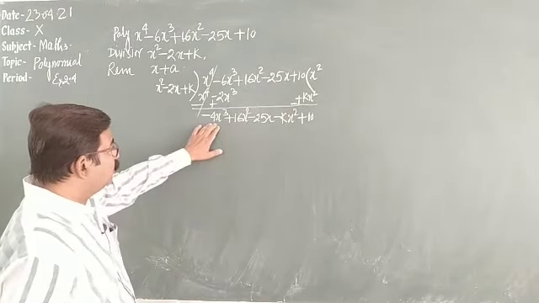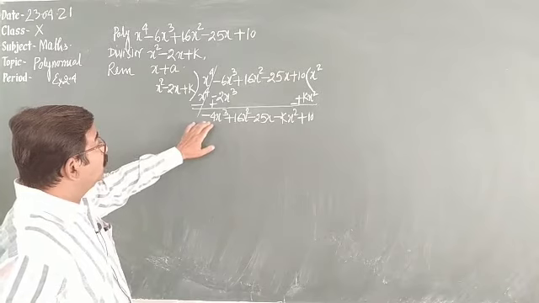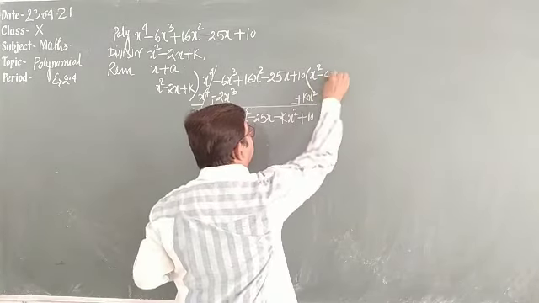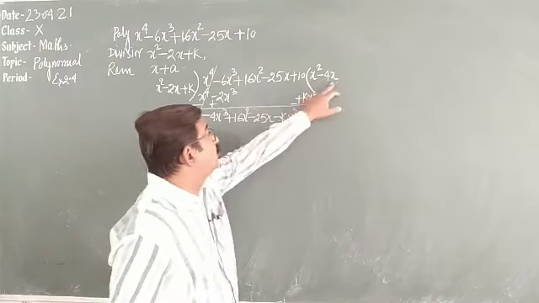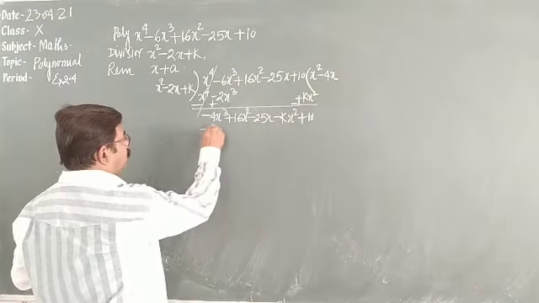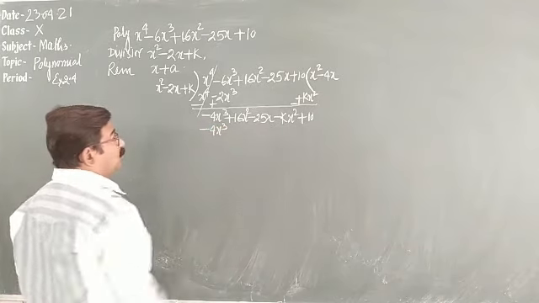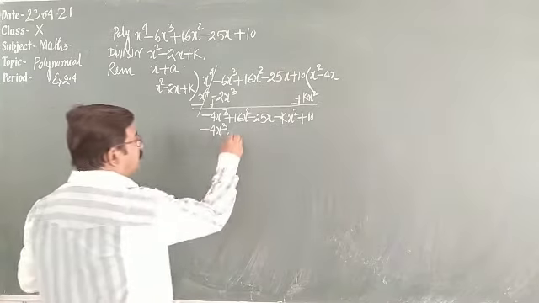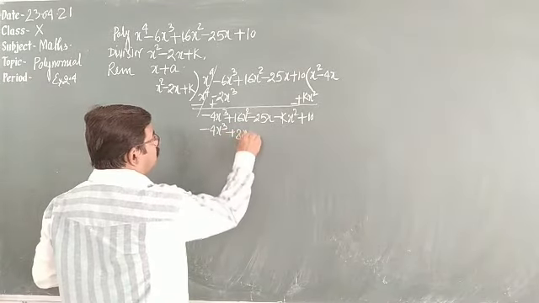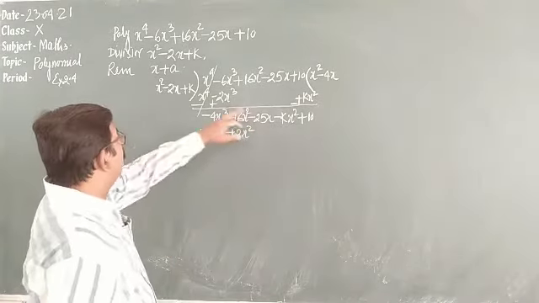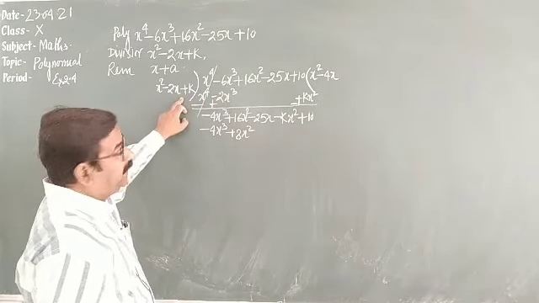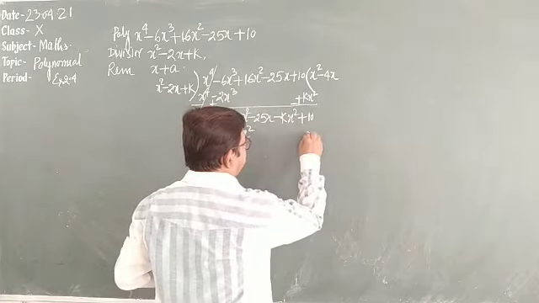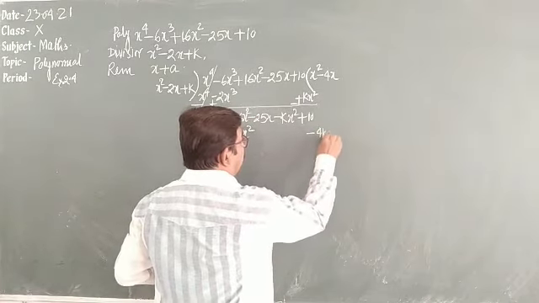Now minus 4x cube here, so this is minus 4x times. Minus 4x into x square is minus 4x cube. Minus 4x into minus 2x, minus times minus is plus, 8x square, and minus 4x into k is minus 4kx. Kx is not in the list, so we write it later, minus 4kx.